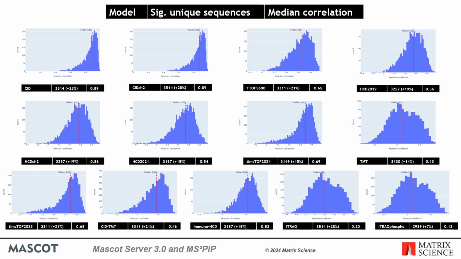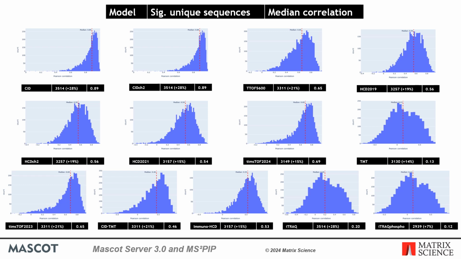The baseline performance is with refining enabled and neither DeepLC nor MS²PIP model selected, which yields 2,740 significant sequences. So the relative increase in significant unique sequences in the table is purely down to the MS²PIP model.